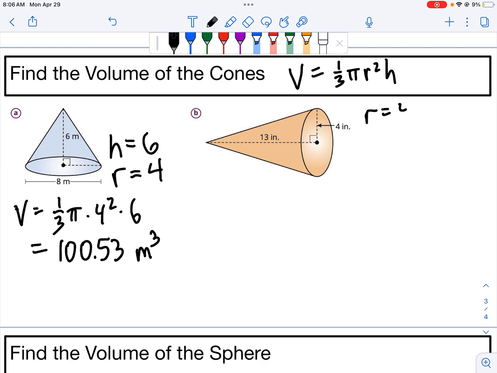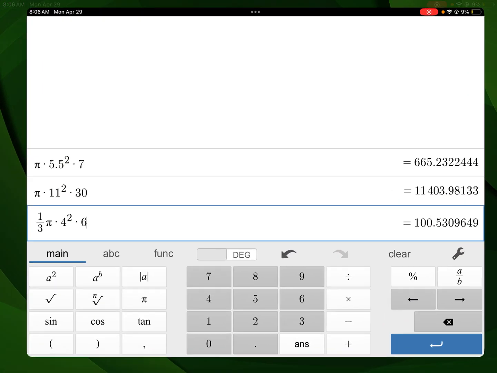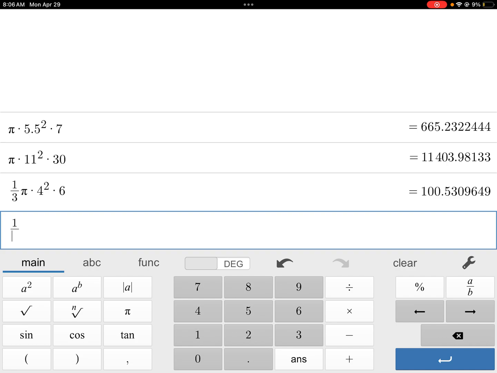Radius is equal to 4. Height here is equal to 13. Does not matter that we've slanted this down on its side. It's still a cone. Our volume will be equal to 1/3 pi times r squared times h. This goes into our calculator. 1/3 pi times r squared times h.